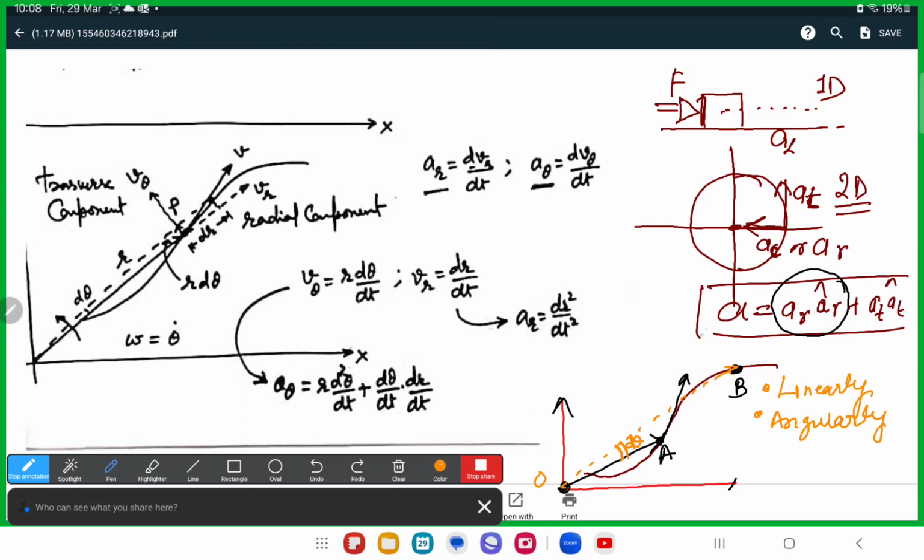So specifically, if we divide the velocity, we can say the velocity gets divided into two components.